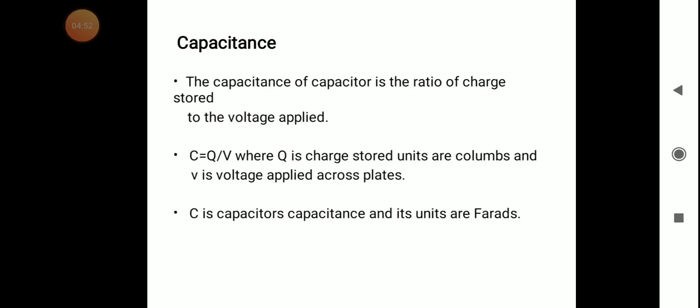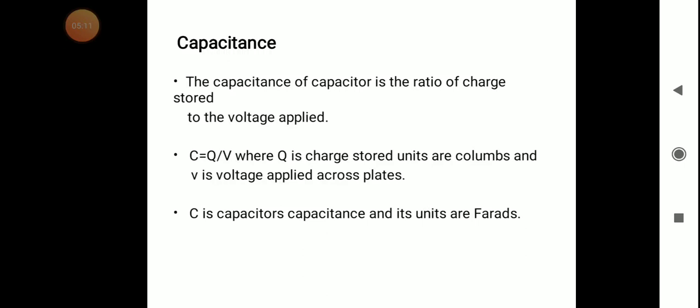Capacitance is mathematically represented as C equals Q by V, where Q is the charge stored, with units of coulombs, and V is the voltage applied across the plates.